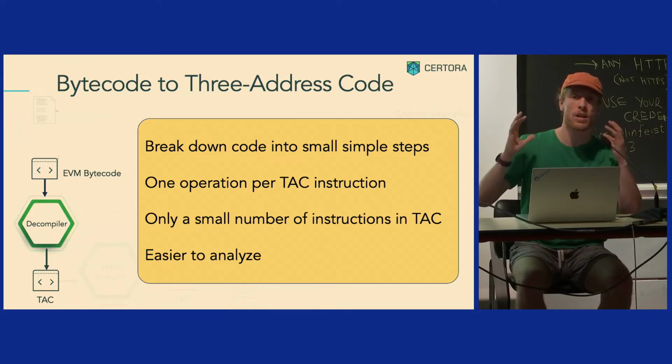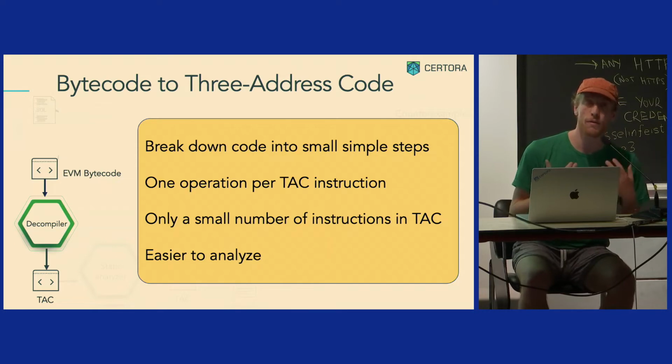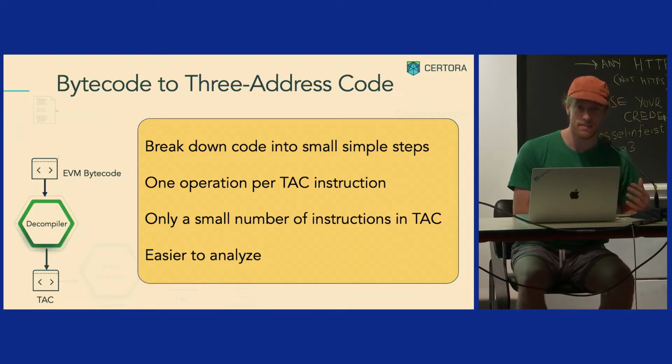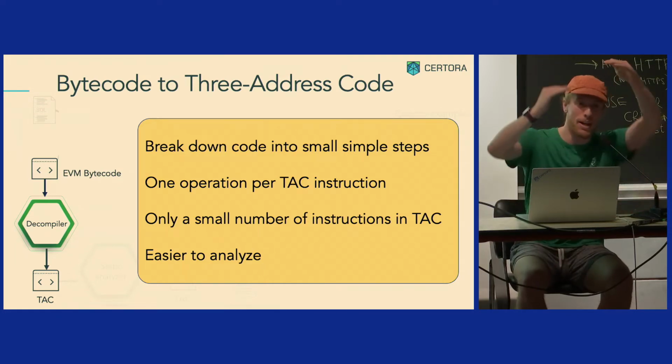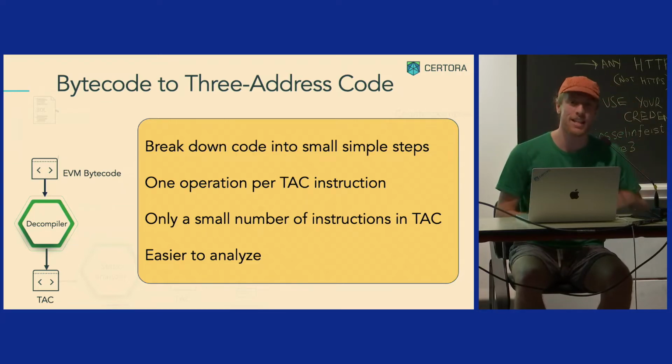I don't know how familiar you are with the EVM, but that runs as a stack machine with a max height of 1024. With a max height, it means we can break that down into a register machine. So we don't have to reason about offsets in the stack.